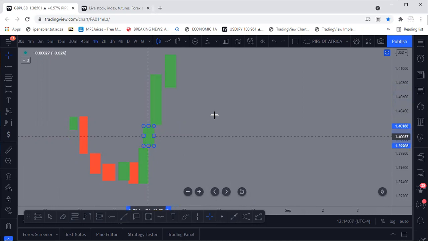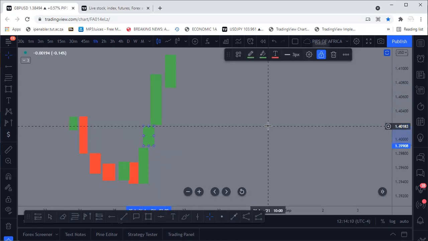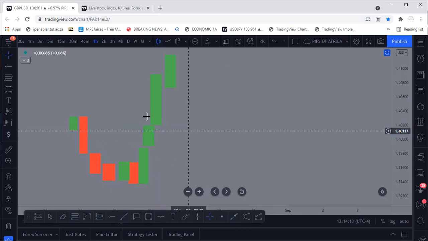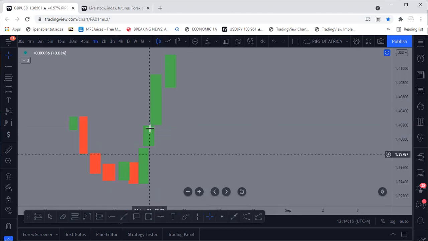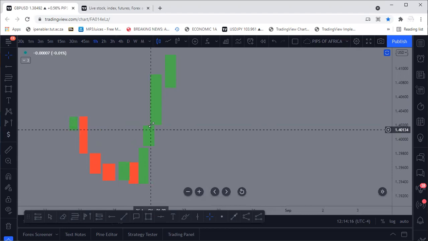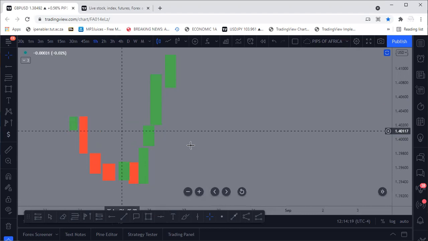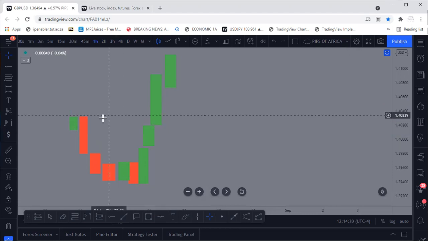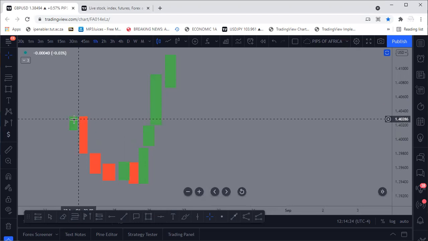All right, guys, it won't be perfect, but at least I tried. You see here, we call this one a break of order block, a breaker block.